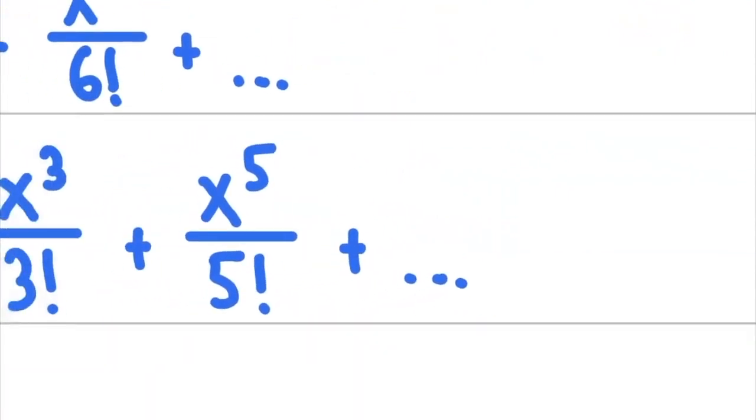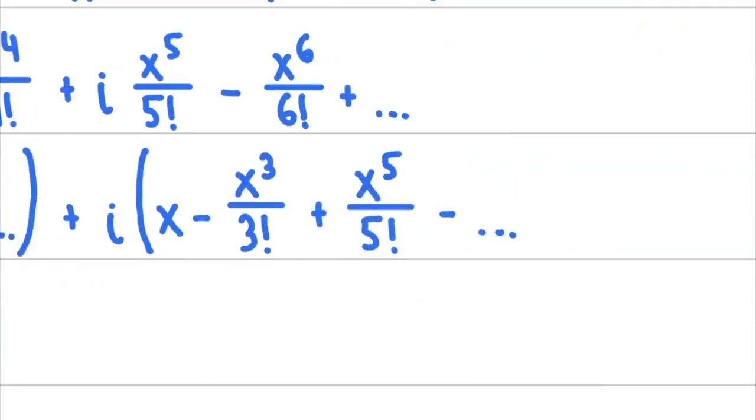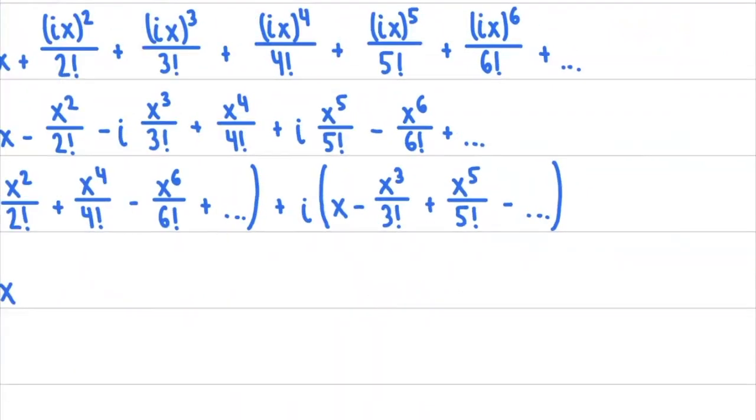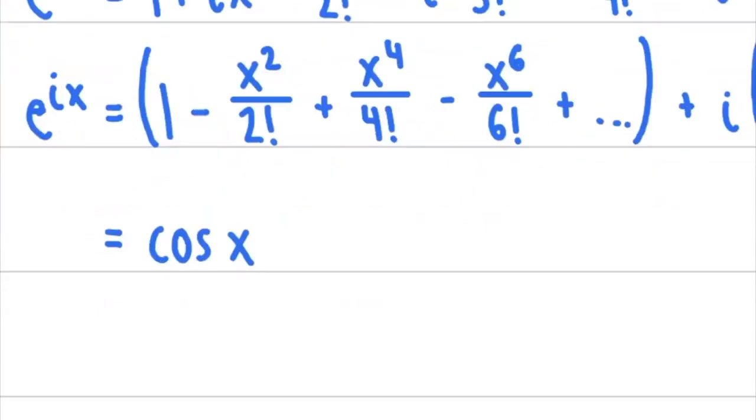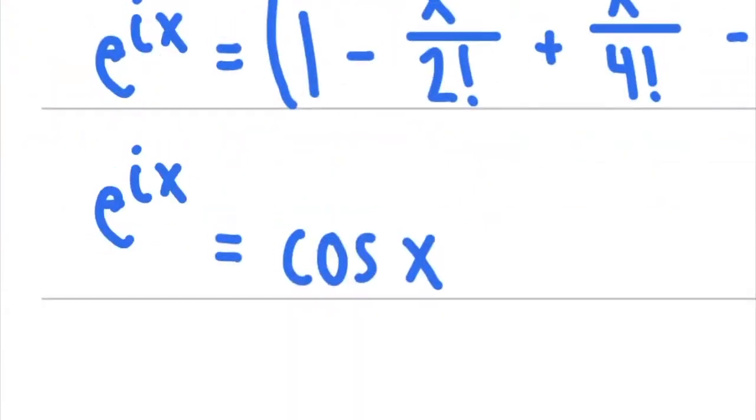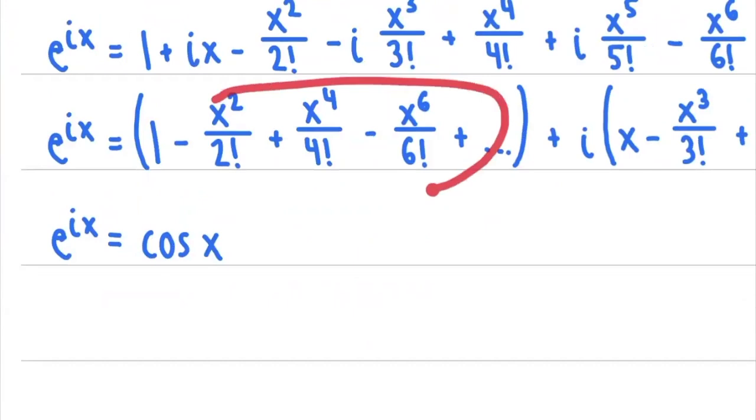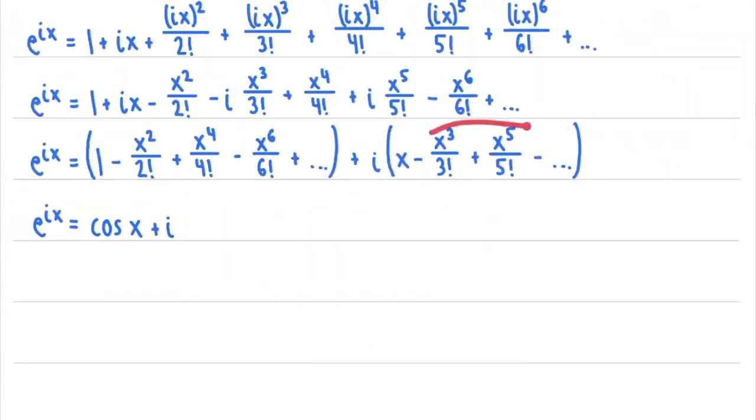And I guess this should be a minus because it's alternating, and so on. It's all odd stuff, and it's alternating, so maybe that's sine. Yes, this looks like the Maclaurin series for sine of x. So it looks like we have e to the ix equals cosine x right here plus i times sine of x right there.